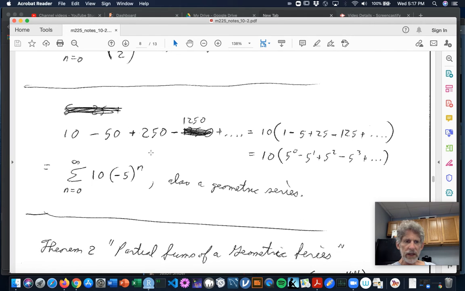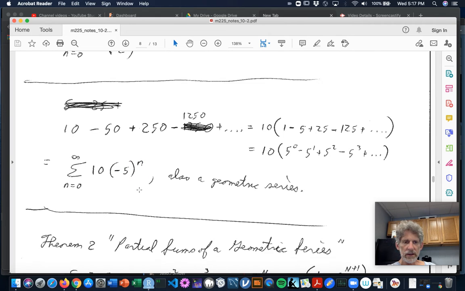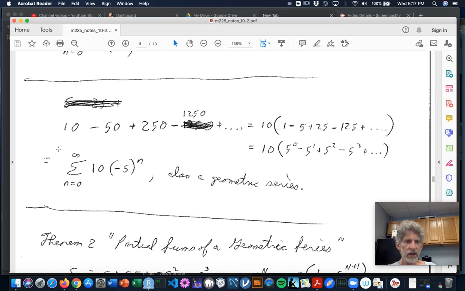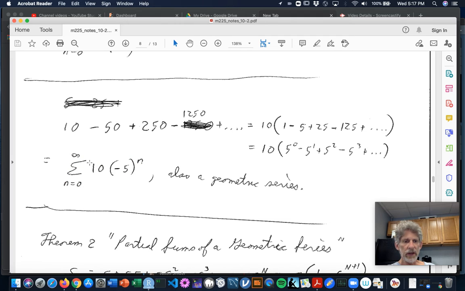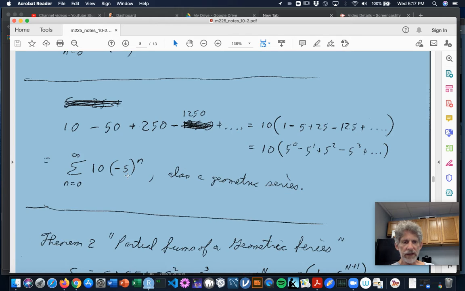Now, when it comes to writing things down in standard form, I've got to come up with a ratio term so that I can account for the minus, plus, minus, and so on, the alternating signs that I see there. And it turns out minus 5 to the n is going to do it. Okay, so I've written that geometric series in a standard form. This time the c was a 10, and the ratio r was a minus 5.